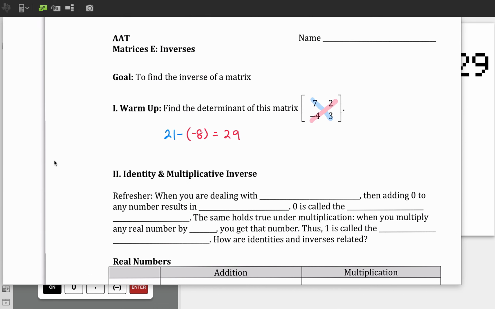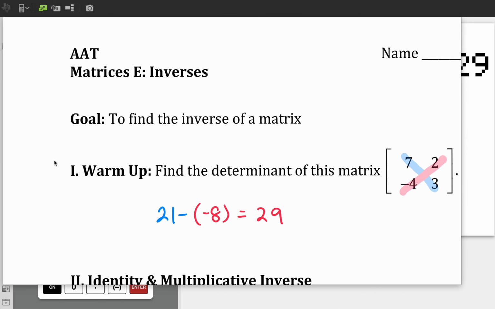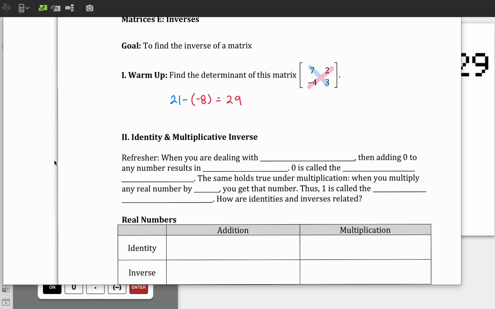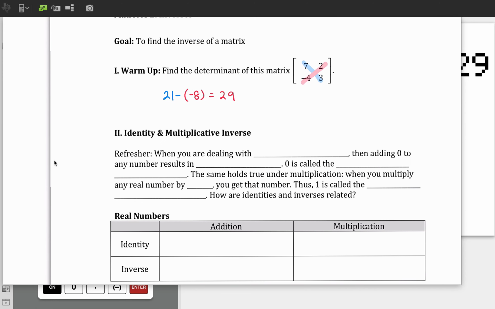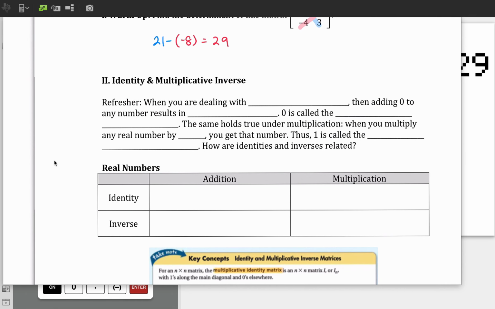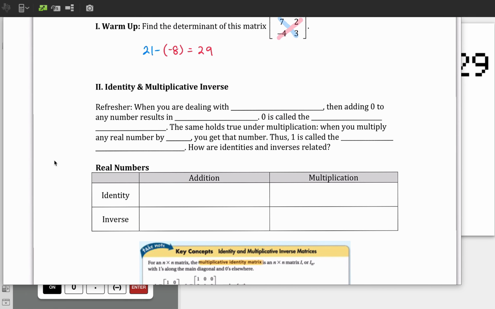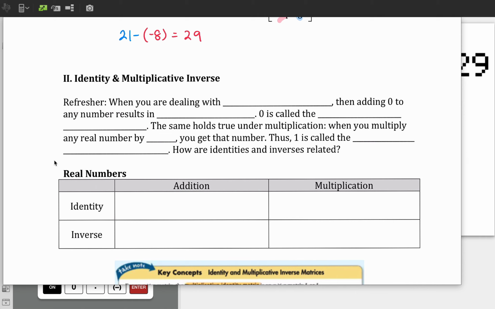That brings us to how to find a matrix inverse. Let's refresh ourselves first. When you are dealing with real numbers, adding 0 to any number will result in that number.